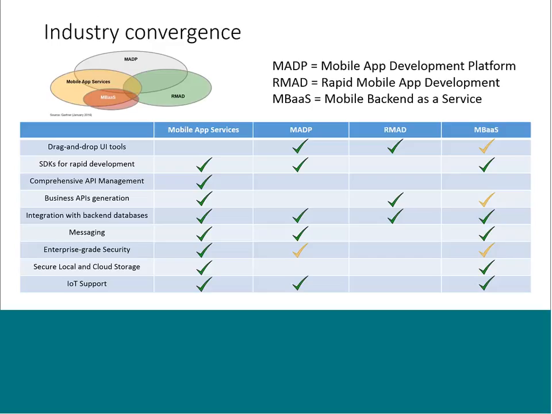So one of the things that you may run into is the need to understand the different terminologies that are being used and thrown out in the industry. Like if you think about mobile app building, there is a thing called MADP, which is the third column that you see here, which is mobile app development platforms.